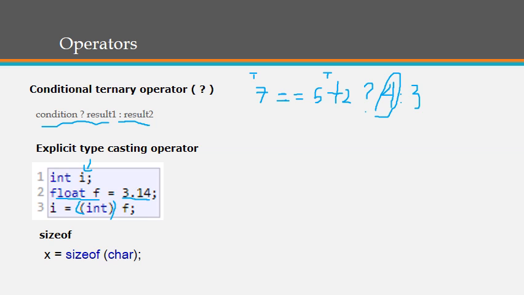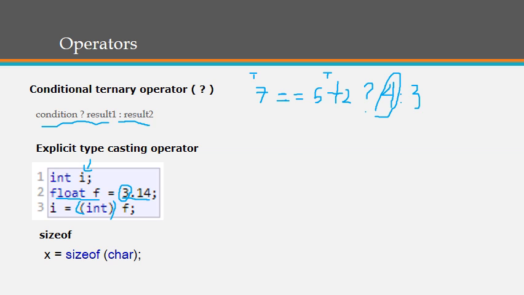So at the end, because a floating value has decimal places and an integer value doesn't, the answer of i would be 3, just the 3. Note that the casting operator basically is using the expression or the data type and putting it into parentheses. That's how it's used, just by enclosing the expression between parentheses.